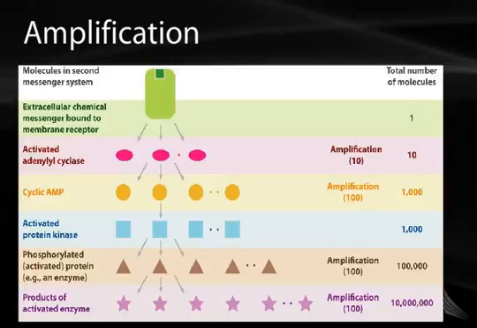So for example, when a receptor activates with its ligand, it may activate 10 different molecules of adenylyl cyclase. Each of those adenylyl cyclase enzymes may create another 100 cyclic AMP molecules, and so on down the line. This suggests that a single extracellular ligand, when it's bound to its receptor, may cause the activation of 10 million molecules inside of the cell, as each of these steps has its own amplification.